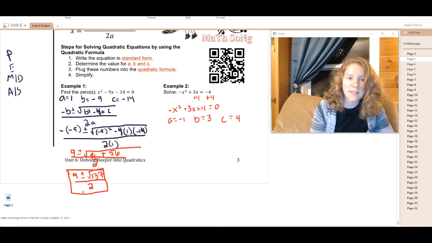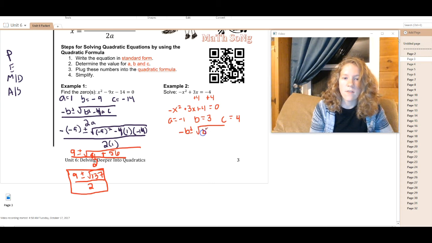When I plug this into the quadratic formula, remember I've got negative b plus or minus the square root of b squared minus 4, look, my 4's are doing much better, times a times c, over 2 times a. Negative b, my b is 3, so I'm going to say negative 3 plus or minus the square root of 3 squared.